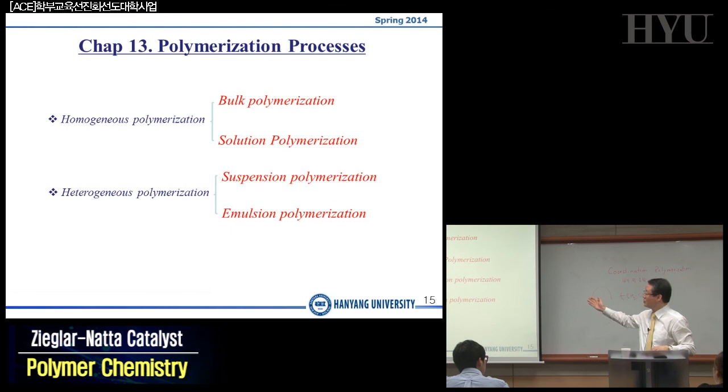I think I have a picture. So I will introduce the details about the suspension and emulsion systems. You have larger droplets and smaller droplets, such as droplets in milk or detergents, and the polymerization proceeds within the droplets. So this is what they call suspension or emulsion systems.